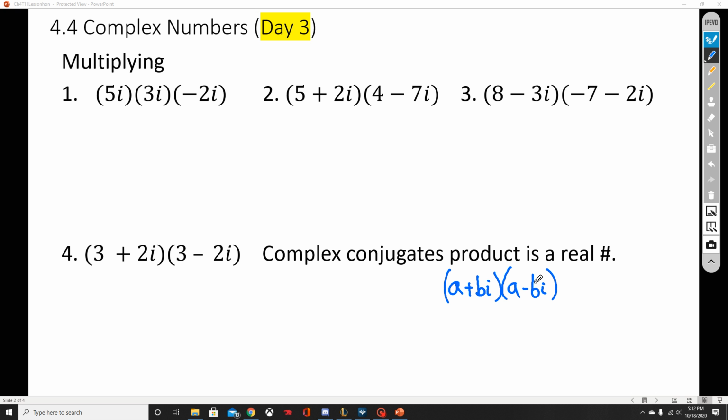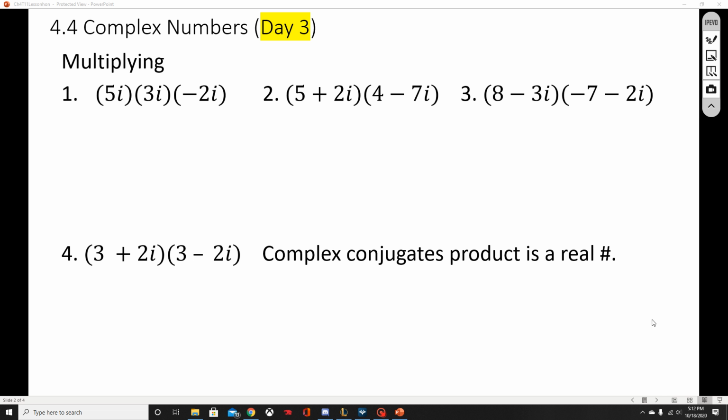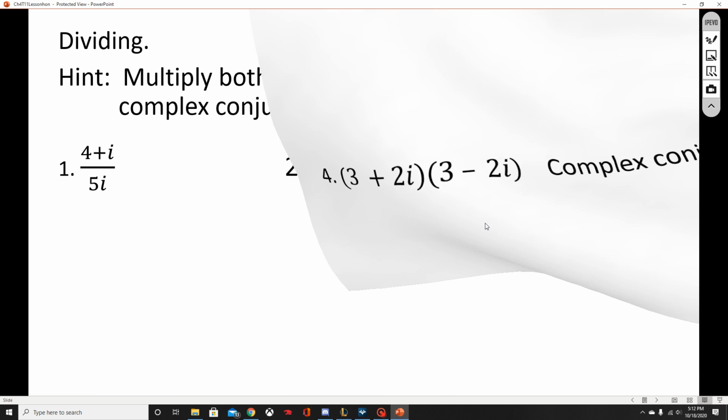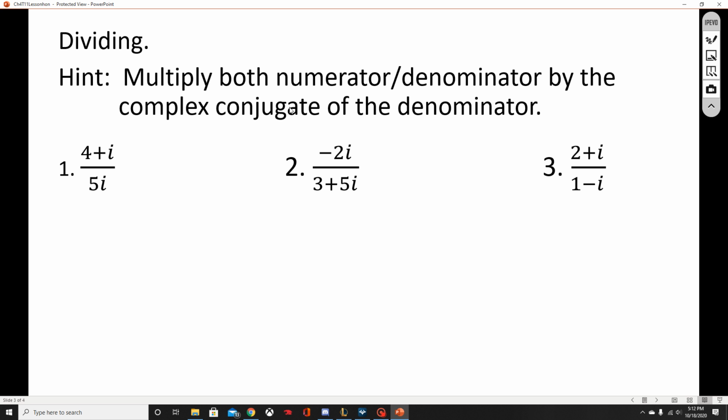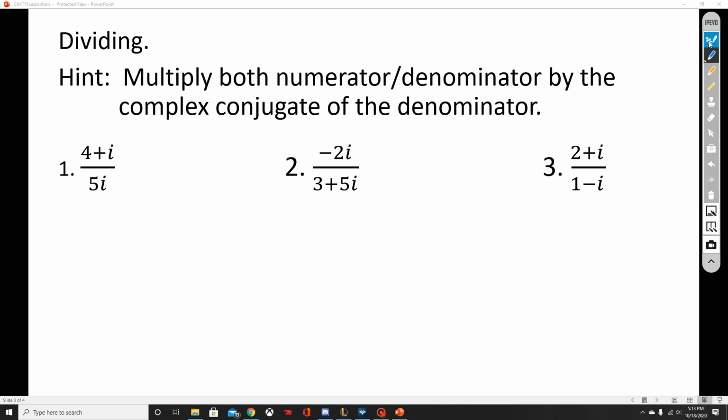And this is going to come in handy because, let me show you, when we're dividing, we cannot have an imaginary number or a complex number in the denominator. It's kind of like what you would do to add or subtract fractions.